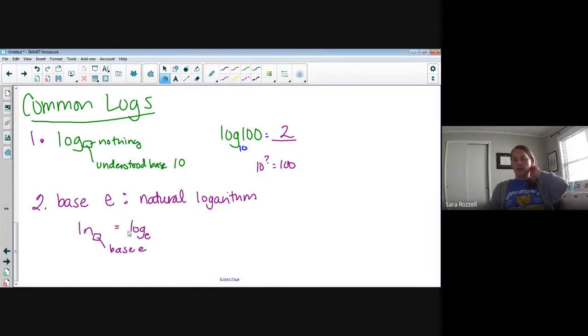So LN stands for log with a base E. And if you don't know the E so much, make sure you watch the 7172 lesson, post it in Google Classroom, because that will tell you what E stands for. Well, it's just 2.7, and we use it a whole bunch, so it gets its own letter. That's about it. So we'll do one log question, or natural log question, and we'll graph.